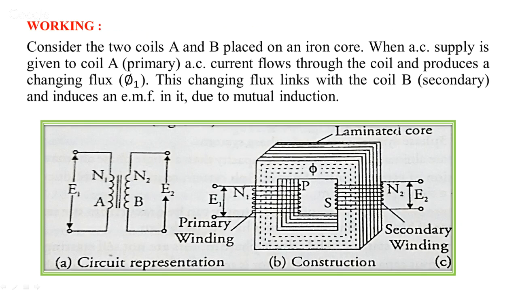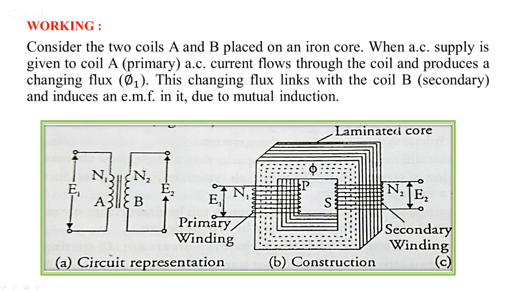So when an AC supply is given to coil A here, that is the primary, AC current flows through the coil and produces a changing flux phi 1. So you can see whatever is the dotted lines here, it is the flux that is set up in the core of the transformer due to the current flowing in the primary winding. Now this changing flux links with the coil B here. This is coil B or the secondary.